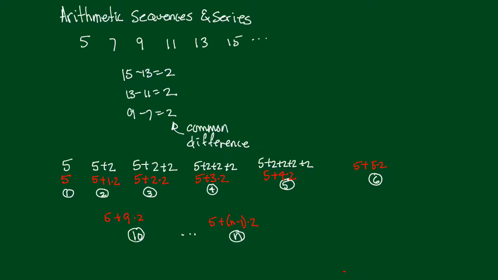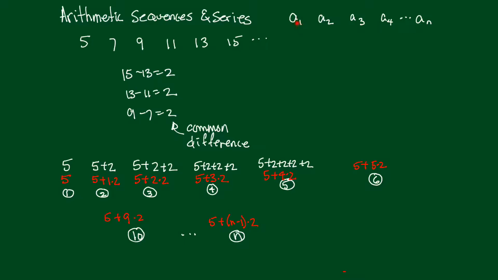So based on this idea, let's write a formula for this arithmetic sequence. All right, so the arithmetic sequence might start like this: A1, A2, A3, A4, dot, dot, dot, A sub n. Now this is going to be arithmetic.